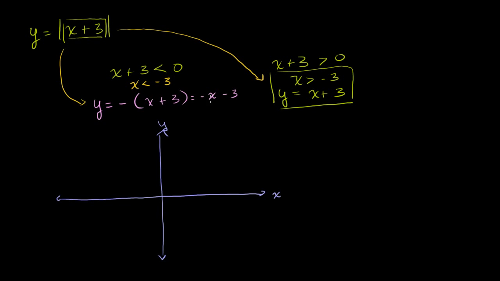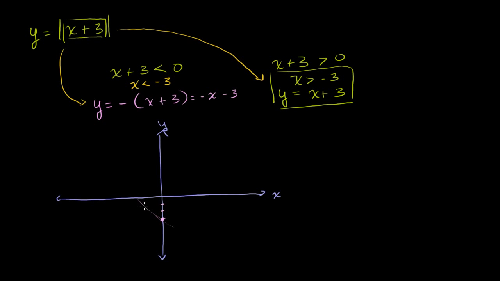Let's just figure out what this graph would look like in general. The y-intercept is negative 3. So 1, 2, 3. And negative x means it has a downward slope of 1. So it would look like this.